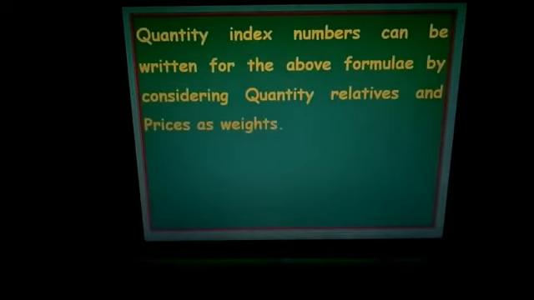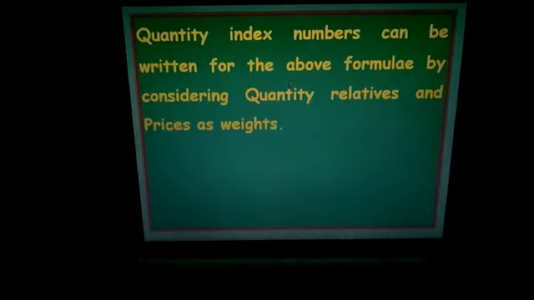So now let us concentrate on quantity index numbers. Look at the cursor. Quantity index numbers can be written for the above formulae by considering quantity relatives and price as the weights.